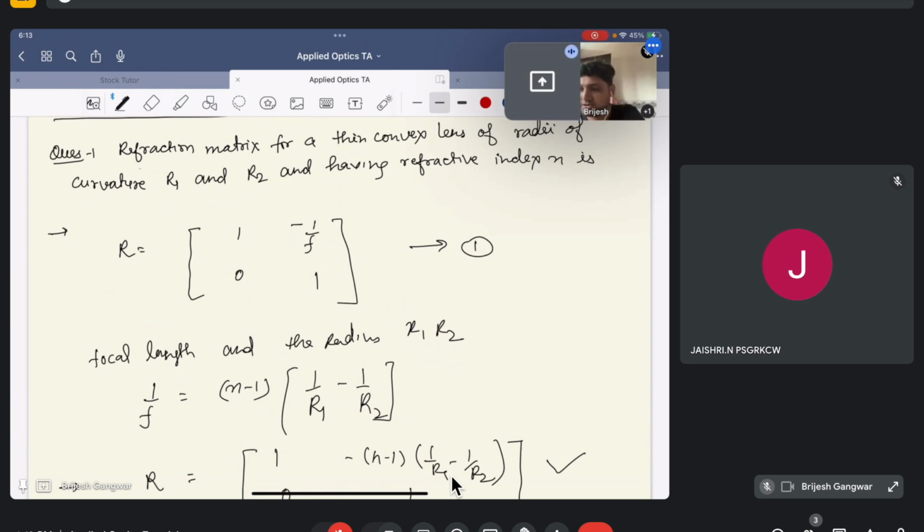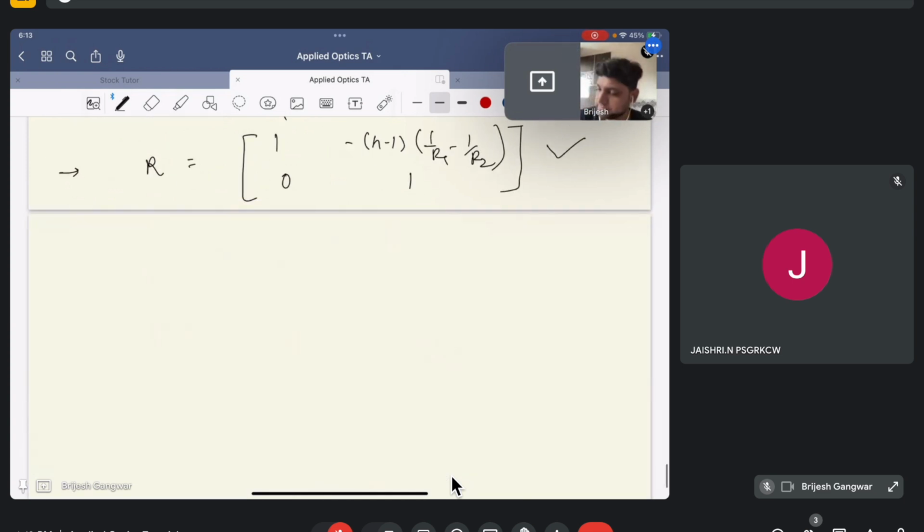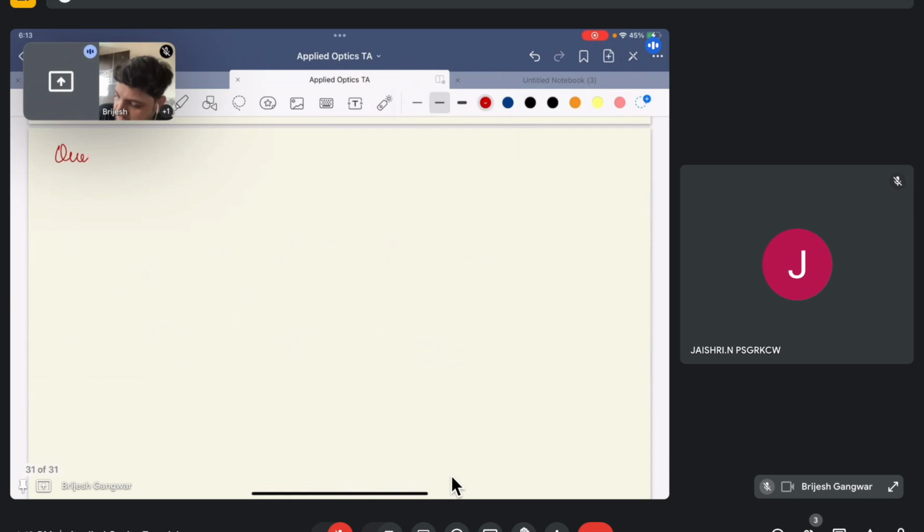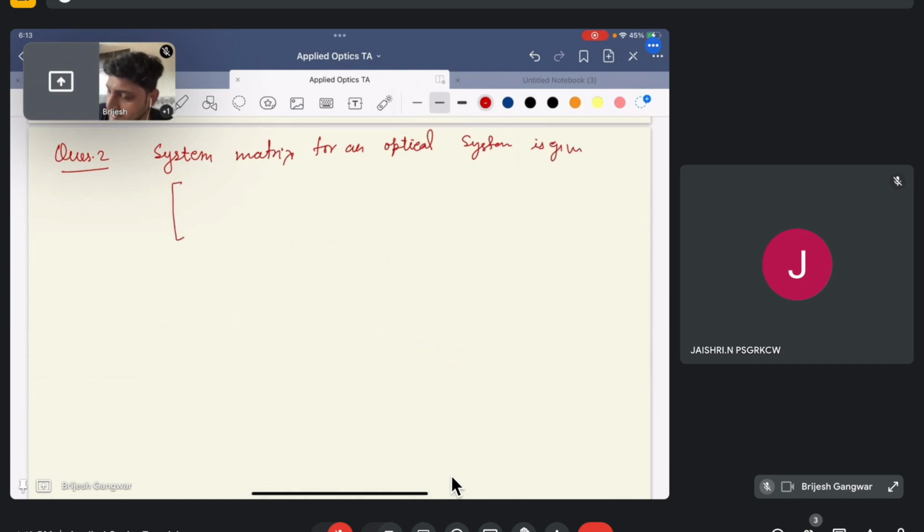Similarly, question number 2: the system matrix for an optical system is given by [0.5, 0.45; 0, 2]. We have to find the magnification of this optical system.